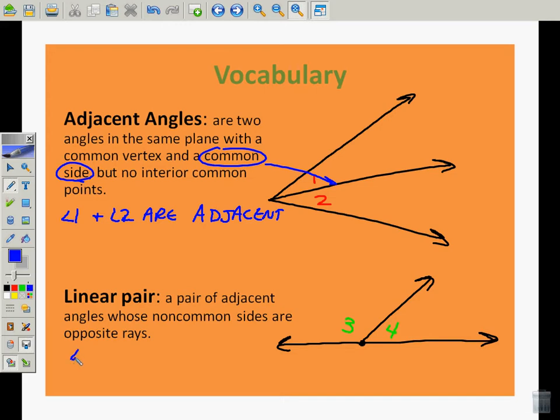So angle 3 and angle 4 are a linear pair. Angle 3 and 4 are a linear pair. So they form a linear pair. Okay?